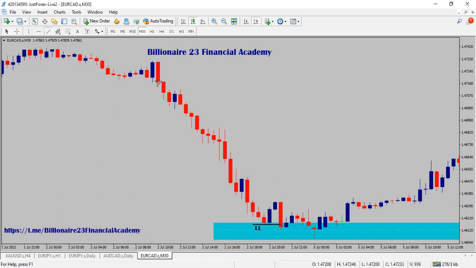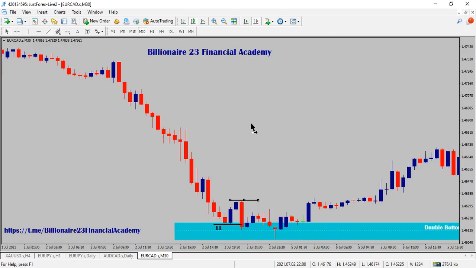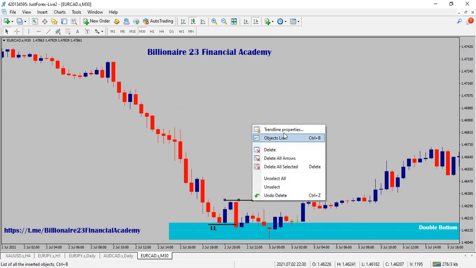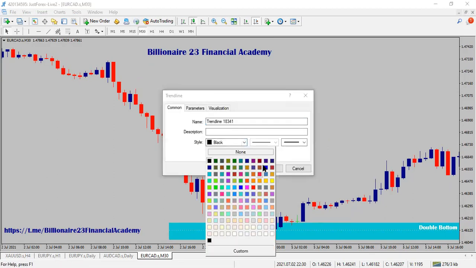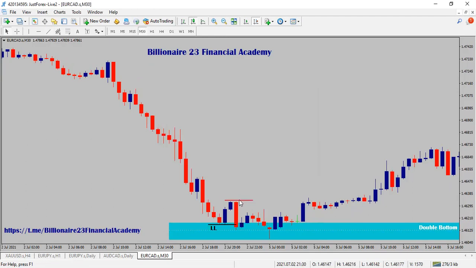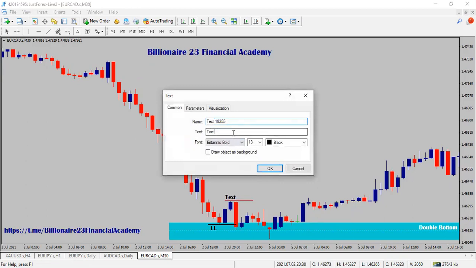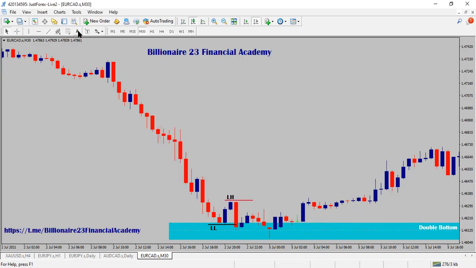Lower low. Lower high. Let me just change the color to crimson. Lower low. Lower high. Another lower low here.